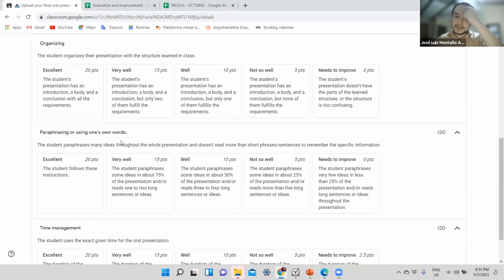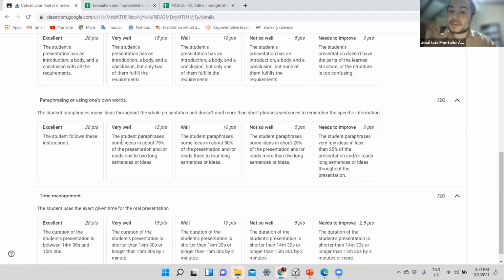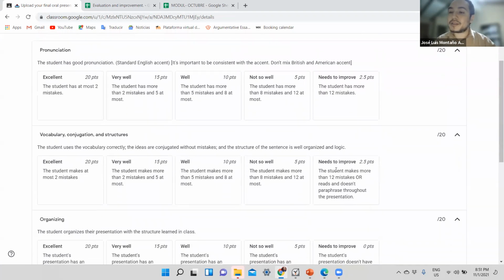Now, this is different. As you know, we have to work 15 minutes. There's not going to be time this time to ask questions or answer questions. That's why I'm doing this here, because I need to be sure that this time you're going to be paraphrasing. In the first presentations, I was able to notice that because of the questions.